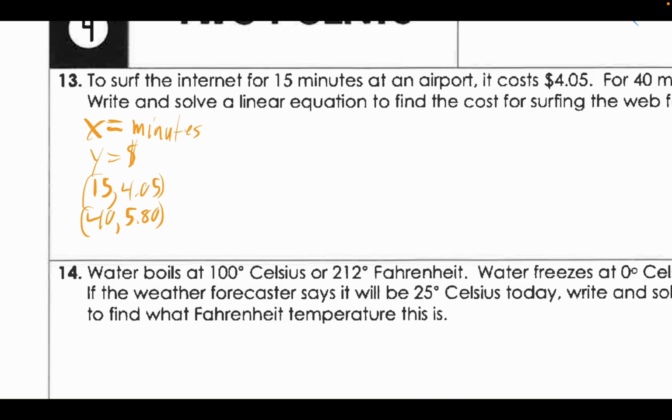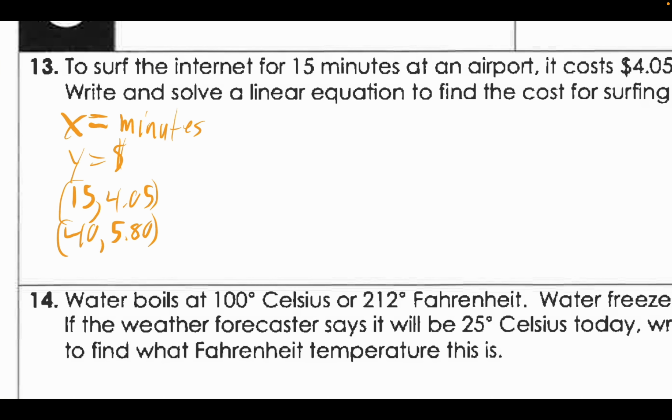And so we need to first find the slope between those 2 points. So I'm going to do m equals 5.8 minus 4.05 over 40 minus 15. That ends up being 1.75 over 25, which ends up being 0.07.